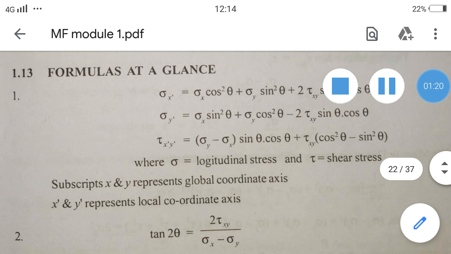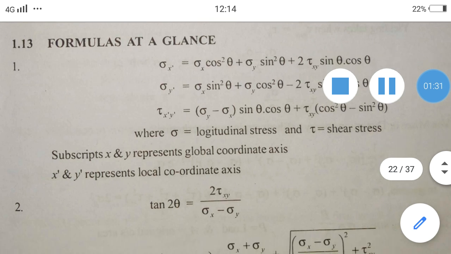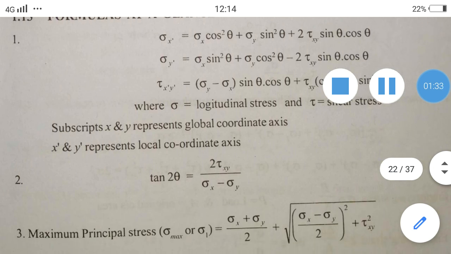First is the stress in x direction, y direction, shear stress, longitudinal stress. Tau is mentioned as shear stress. Stress in x and y direction you can find, and shear stress you can find.